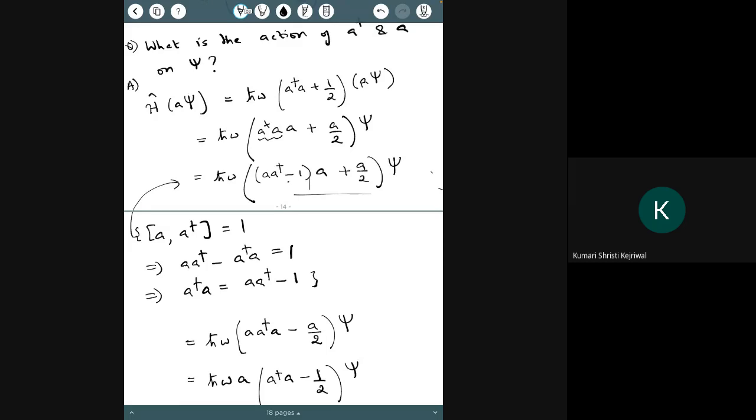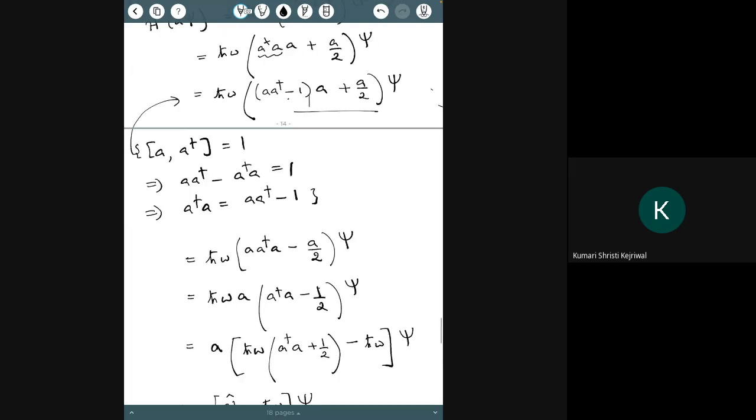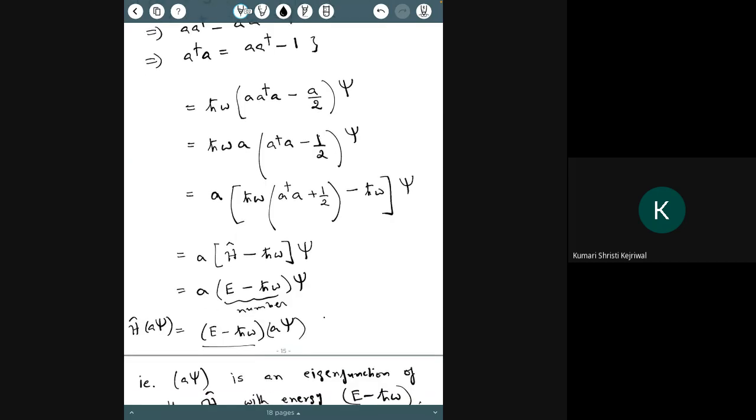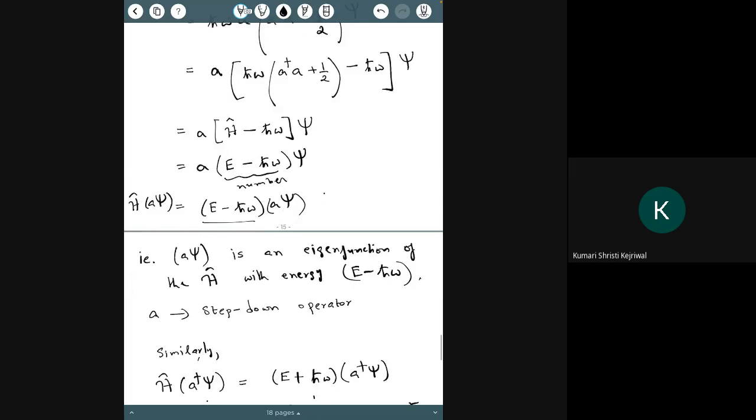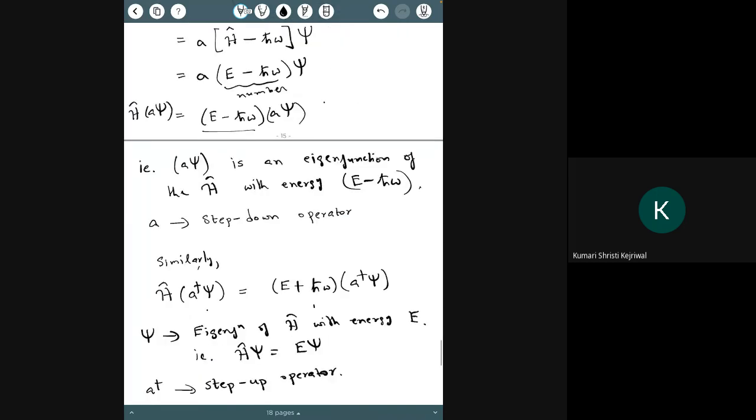Ma'am, the other thing was when we wrote the final solution of this part, from E minus h bar omega, why is it becoming E plus h bar omega? It's a real value, right? Oh, this is a different equation. This is A dagger psi.